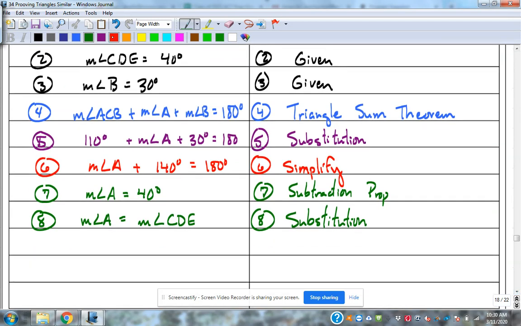And then that creates angle A is congruent to angle CDE. What's the reason for that? Yeah, definition of congruence.